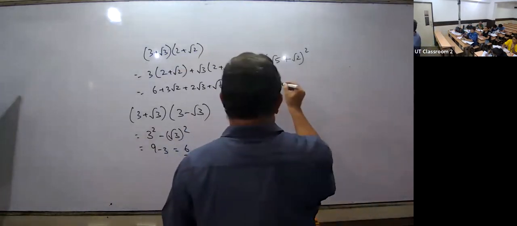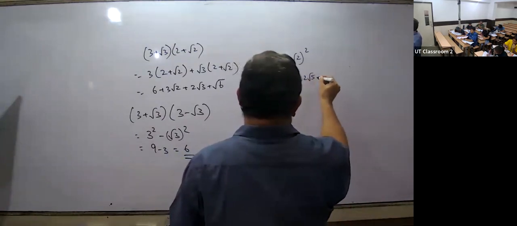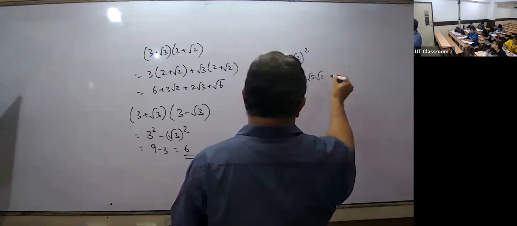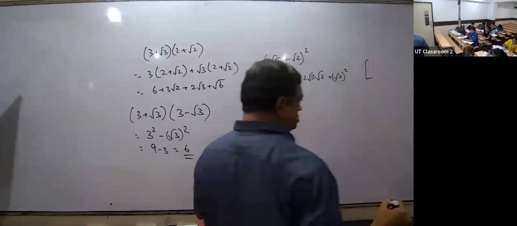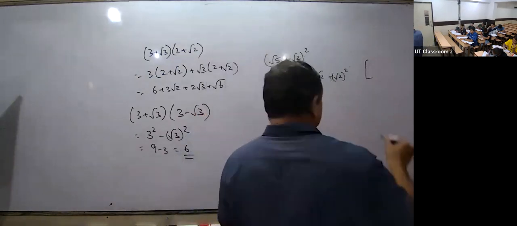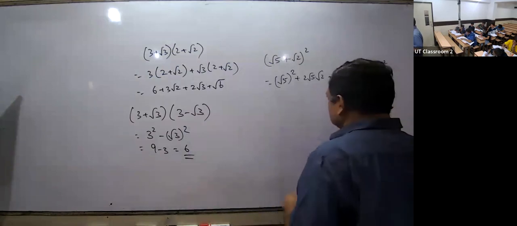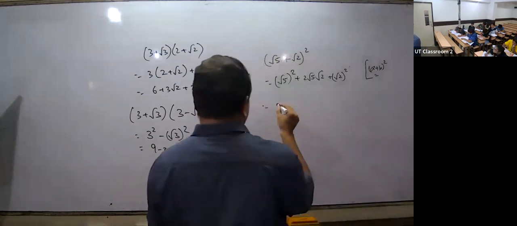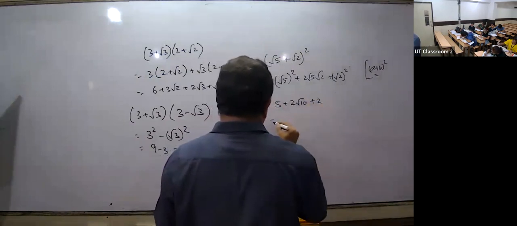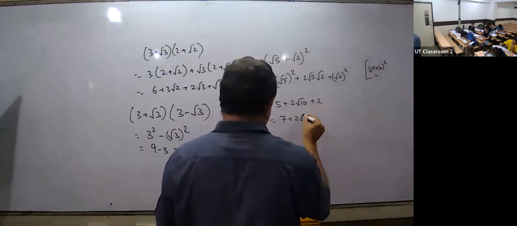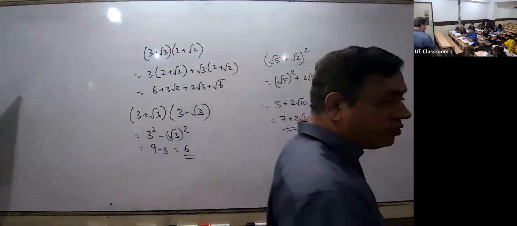So it is equal to root 5 whole square plus 2 times root 5 into root 2 plus root 2 whole square. Dot means multiplication. You have to write which identity is used: A plus B whole square is equal to A square plus 2AB plus B square. All of you know now? Which is equal to 5 plus 2 root 10 plus 2. 5 plus 2 is how much? 7 plus 2 root 10. Can you simplify further? Hope all of you followed.